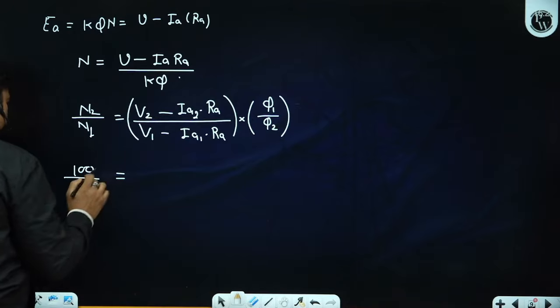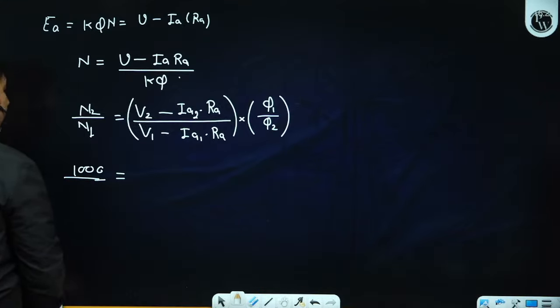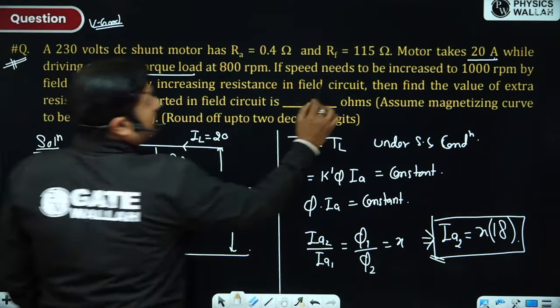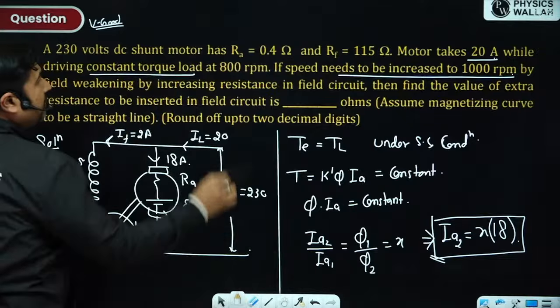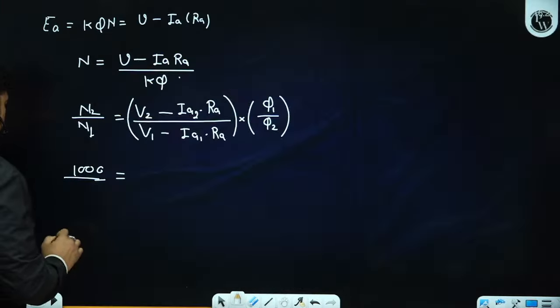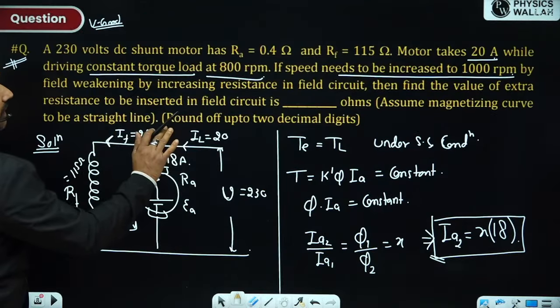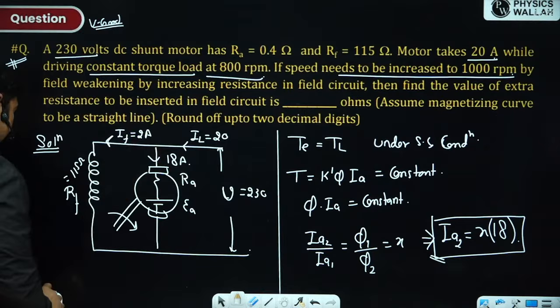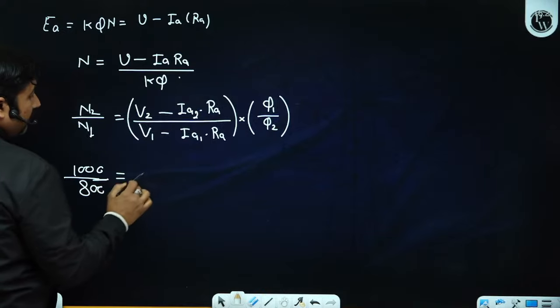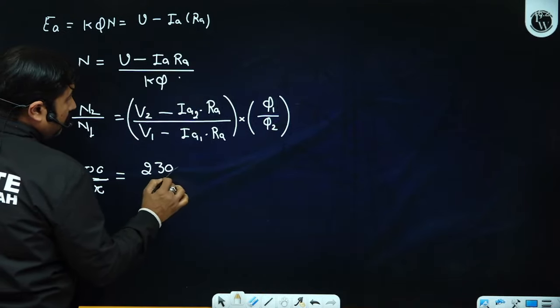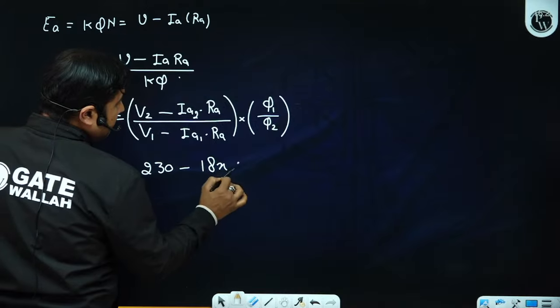1000 by new value is 1000 RPM. Speed needs to increase to 1000 RPM. Previous value is 800 RPM. So we have 1000 by 800. There is no change in the armature voltage, so voltage across the armature or terminal voltage will remain 230 only. 18x into Ra.